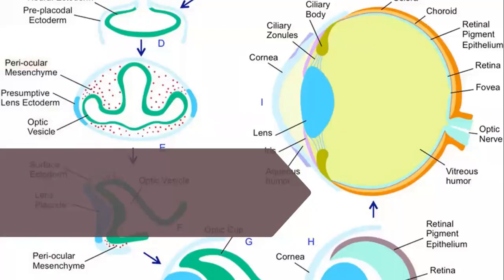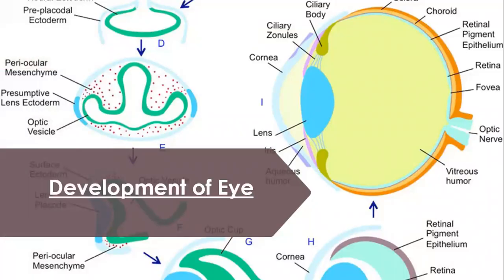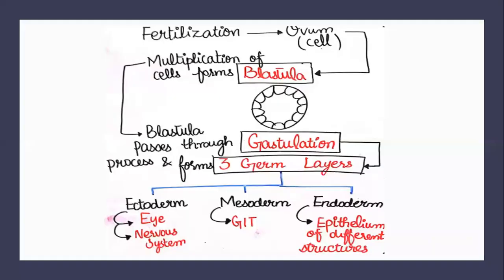So let's move on to the development of the eye, and how the development starts. Over here you can see a flow chart of what happens basically. Fertilization is done. After the fertilization, a cell is formed, which is known as the ovum.